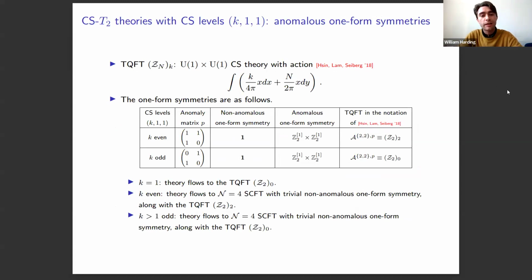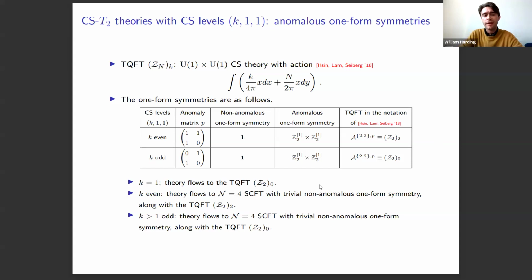This is a U1 times U1 Chern-Simons theory with the following action, which I wrote down here. Now, for one copy of T2 with Chern-Simons-Trinion K11, we can study the one-form symmetries and their 't Hooft anomalies using the prescription I described before. And the results are here in the table.